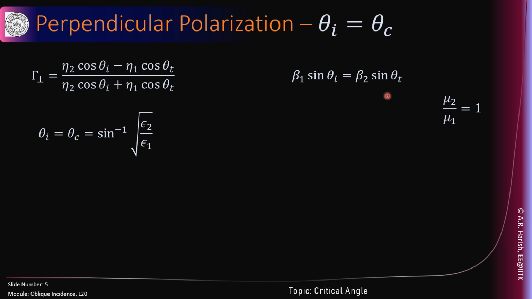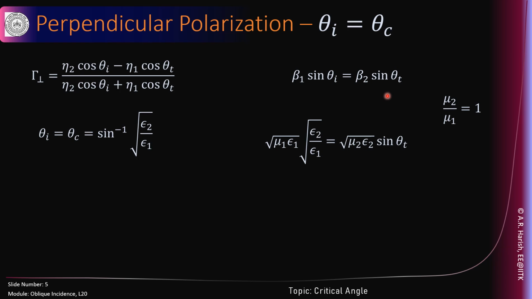Using the same argument, we can conclude that theta I equal to theta c, the critical angle, is given by sine inverse of square root of epsilon 2 upon epsilon 1. You can easily derive this result. It turns out to be very straightforward. We have assumed that mu 2 by mu 1 is equal to 1 in this case.